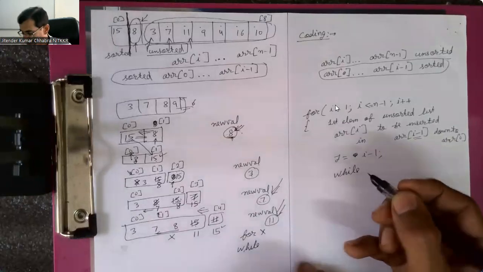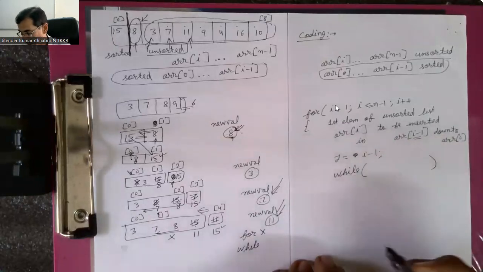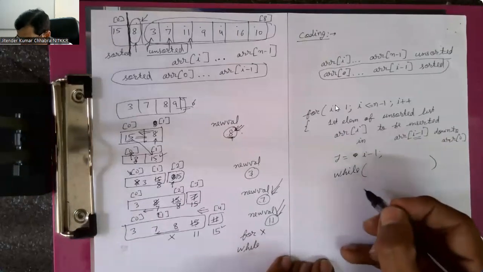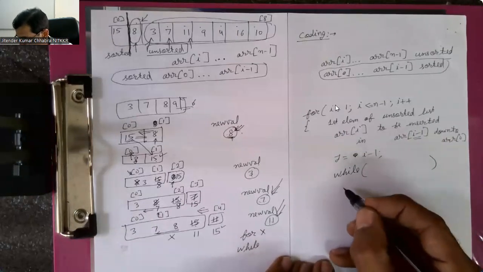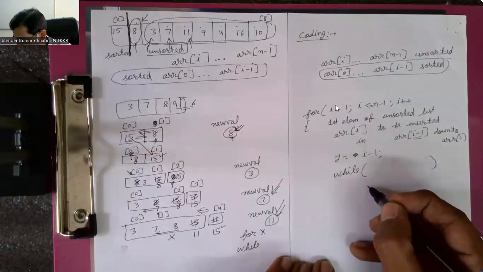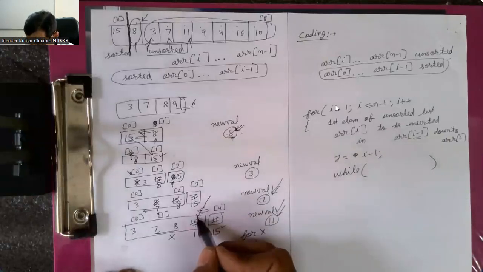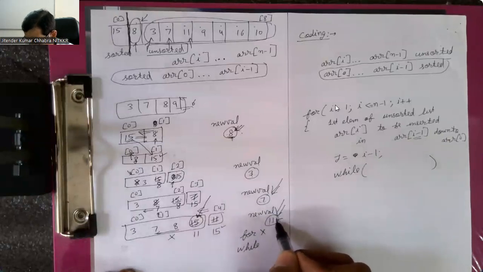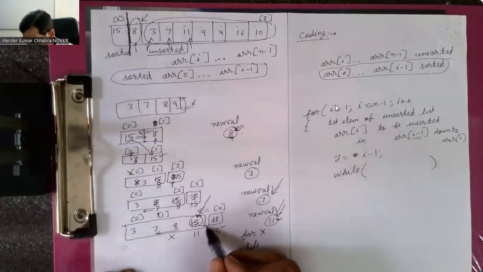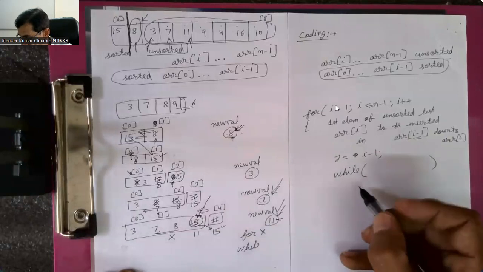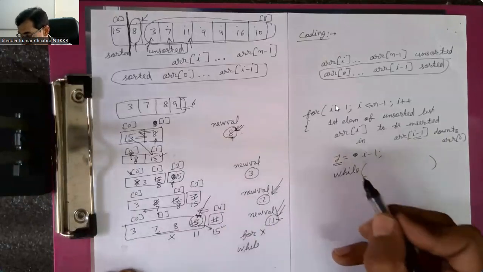Loop I need because I have to do some shifting. How to shift? Ultimately, I needed shifting. Internal step, what I said: if I'm talking of comparing 15 with 11, 15 will go one place right. 15 is at index j.